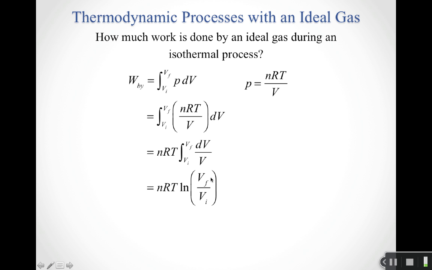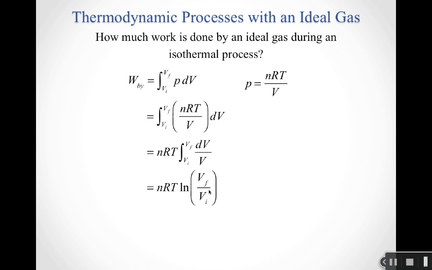Now, given what we know about natural logs, if the final volume is larger than the initial volume, meaning that the gas expands, then this ratio will be larger than 1, and the natural log of anything larger than 1 is positive.